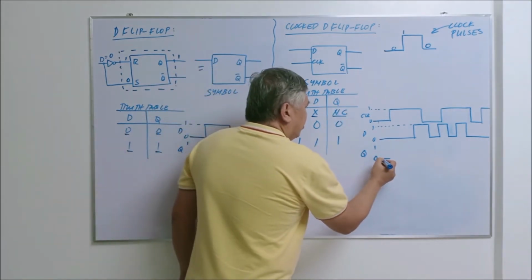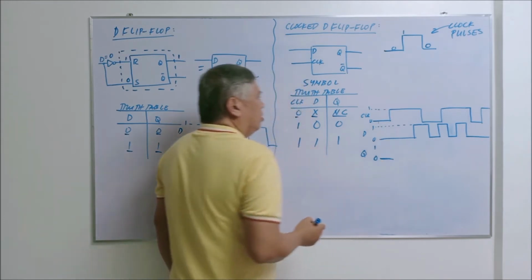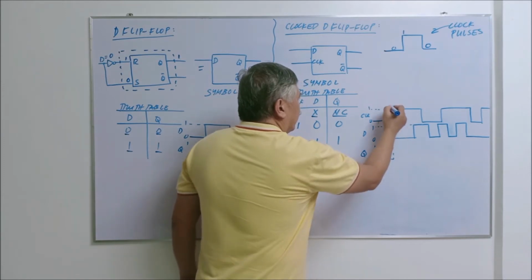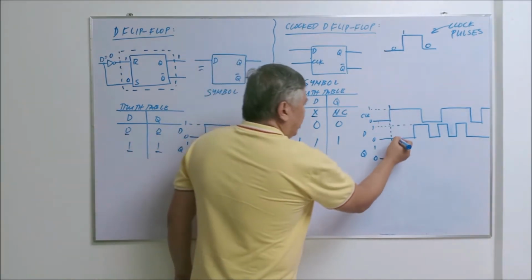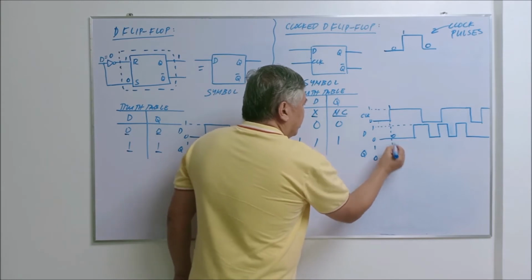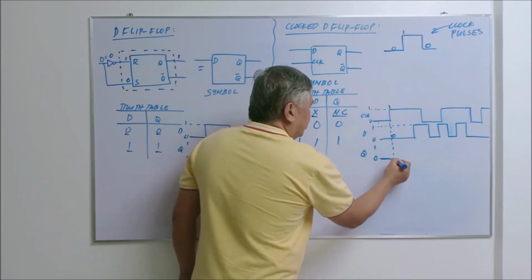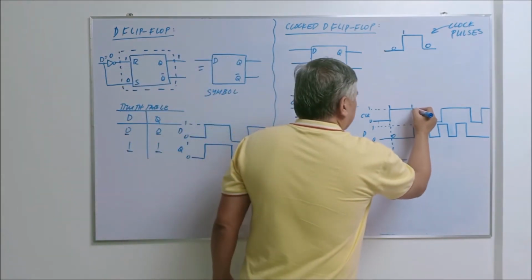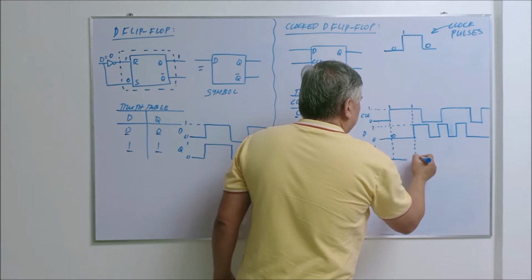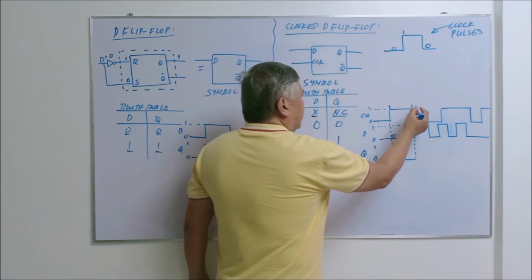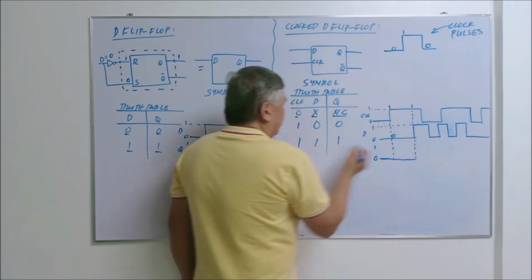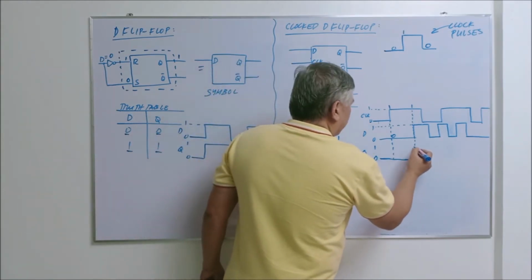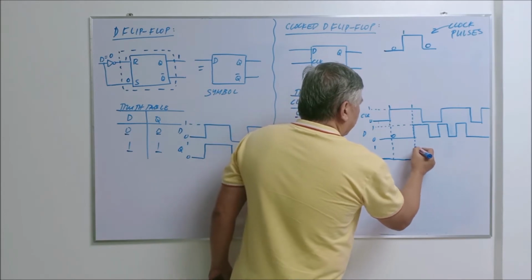So, since Q is 0 and clock is 0, there will be no change. But when clock goes to 1, but your D is still equal to 0, then D implies Q. So your Q will still be equal to 0 until this area here is reached. No? So your clock is 1, your D is 1, D implies Q. So your output Q becomes 1.